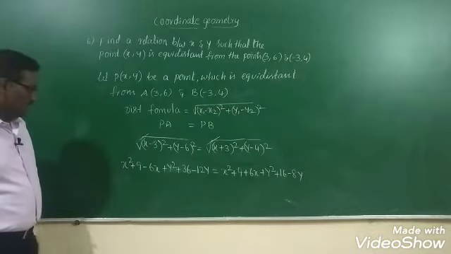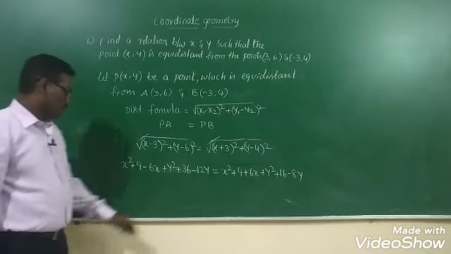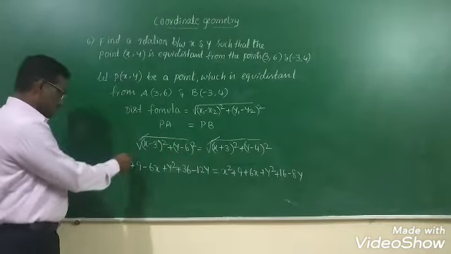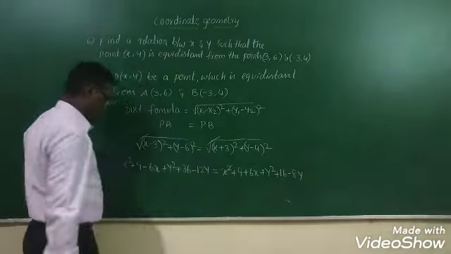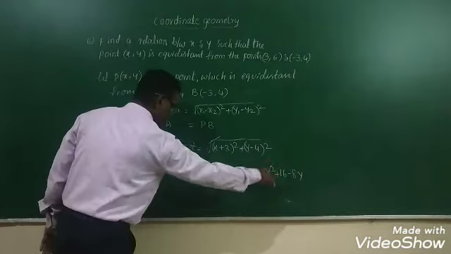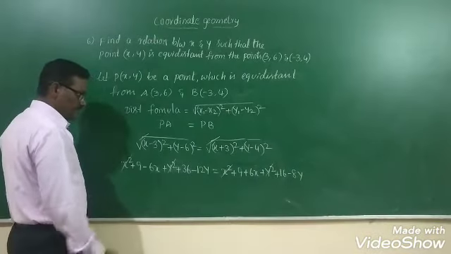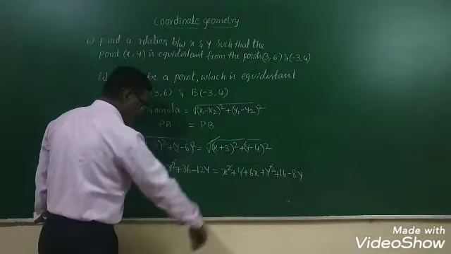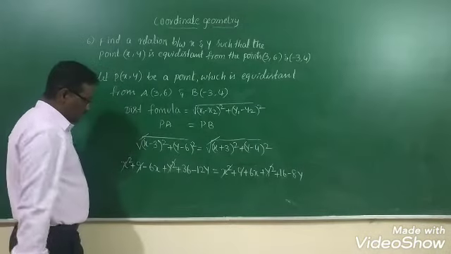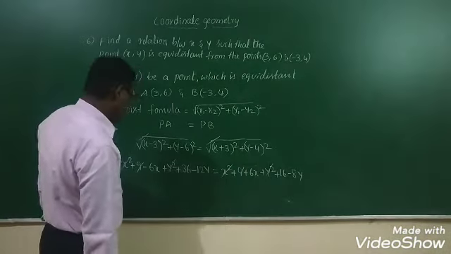Observe here, like terms we have to cancel: x square cancels, y square cancels because of plus y square on both sides, and plus 9 cancels.